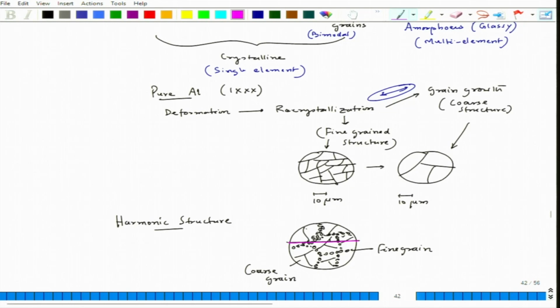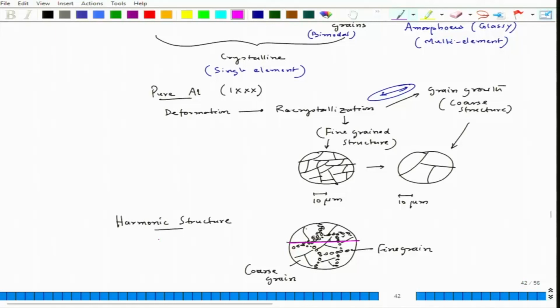You take a powder, and that powder already has a multigrain structure. Then you deform the surface, do not deform the center part. So, the surface grains are deformed. If you sinter it at a high temperature, the surface grains, since they have a lot of deformation, will go through recrystallization, but the central grain will have a little growth, but it will not have any recrystallization.